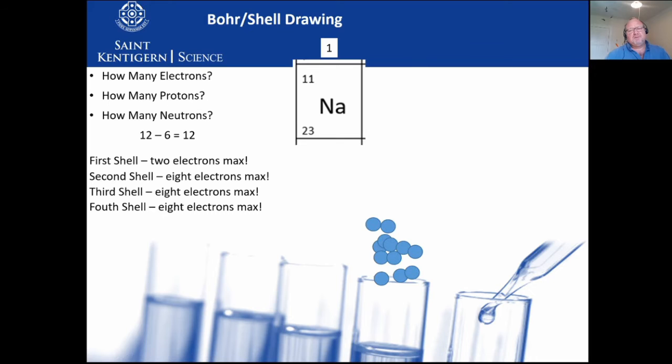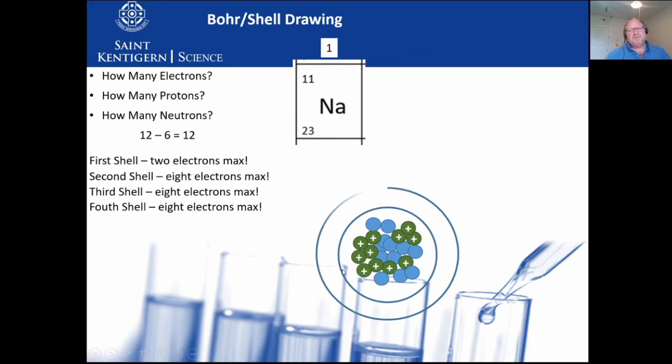How many protons? Protons, 11. 1, 2, 3, 4, 5, 6, 7, 8, 9, 10, 11. Okay, and now our first shell. How many electrons in the first shell? 2. How many electrons in the second shell? 8. So 2 for the first one. 1, 2.